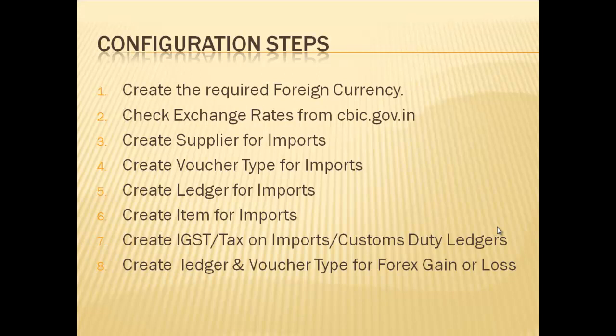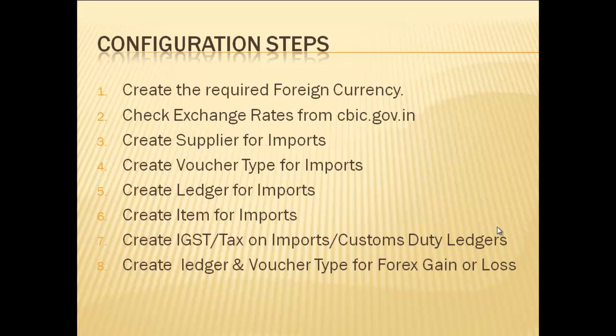Next step will be, that is step number 3, create supplier for imports. So you need to create a foreign supplier. Next, in step number 4, you need to create voucher type for imports. After creating voucher type for imports, you need to create ledger for imports.